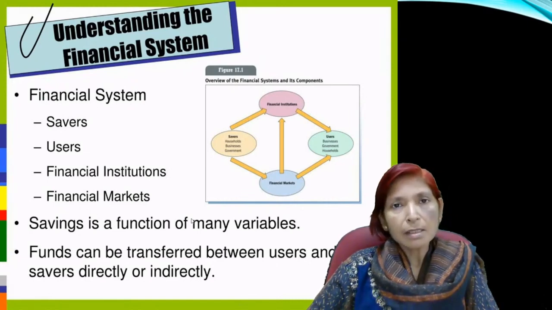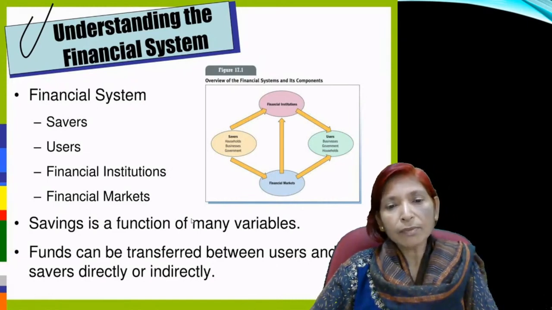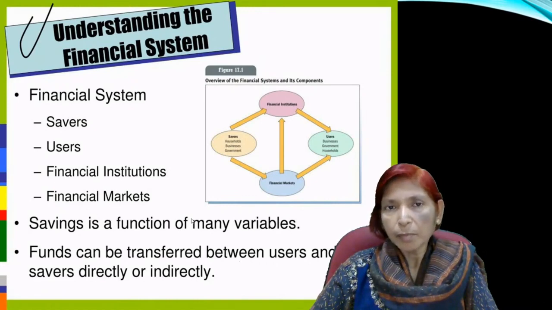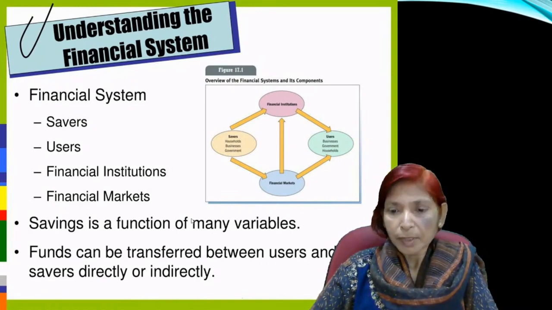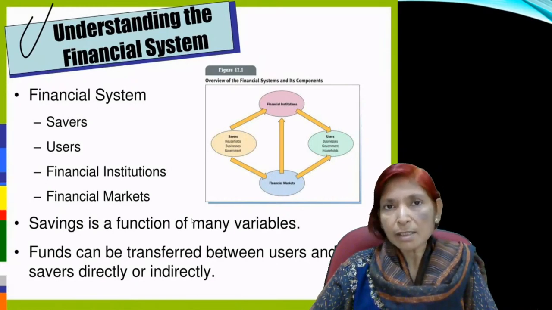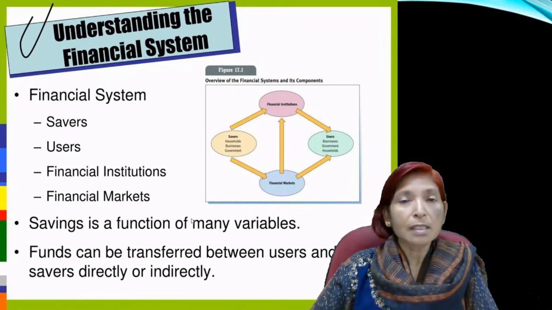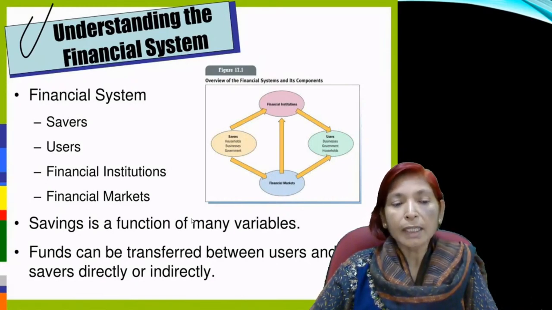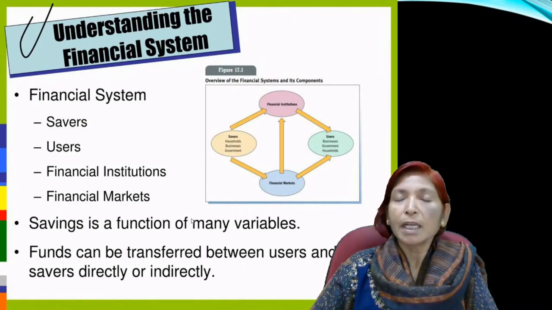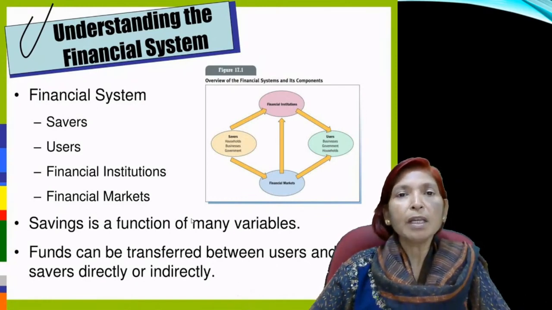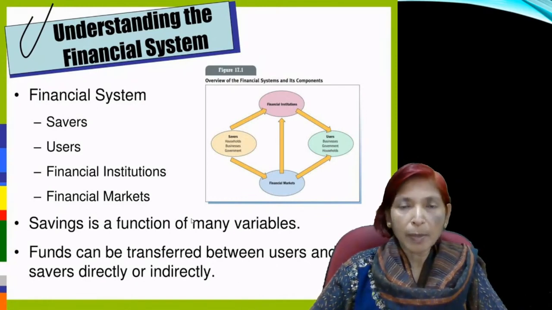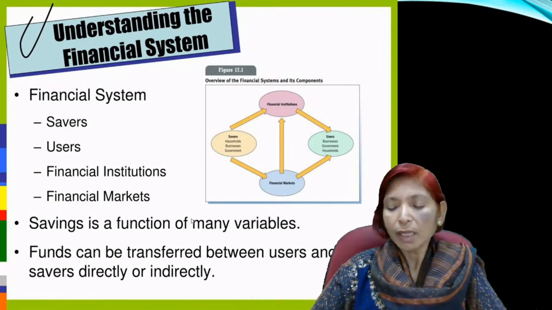In this, saving is a function of many variables, but in simple words, saving is the main function of income. When income is zero and consumption can never be zero, at that time saving will be negative. So saving may be negative, zero, or higher, depending upon the level of income.